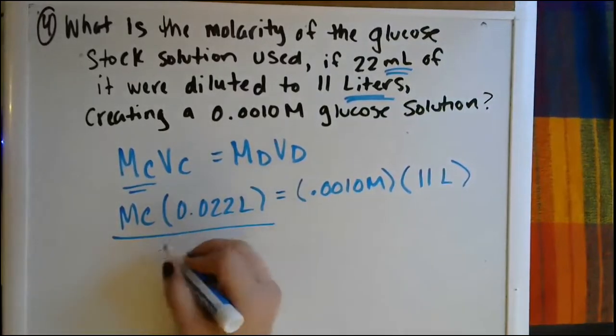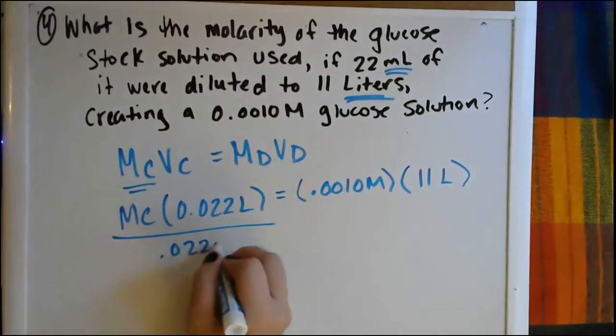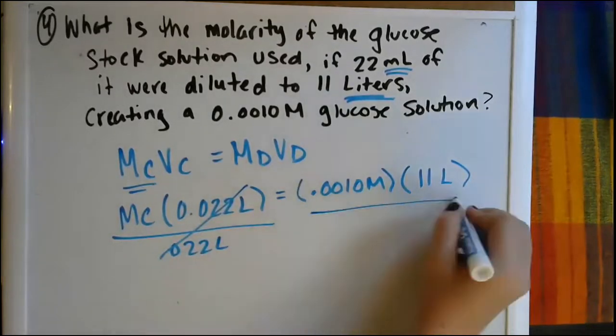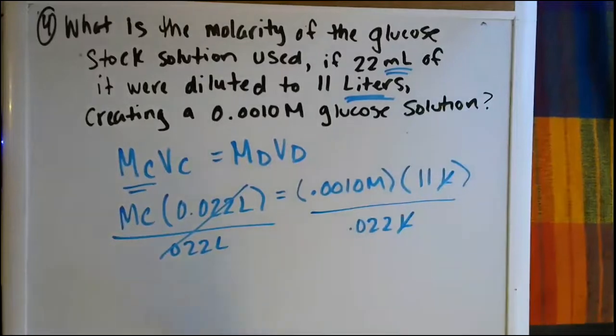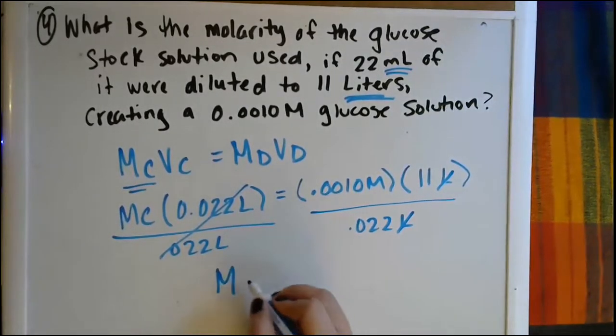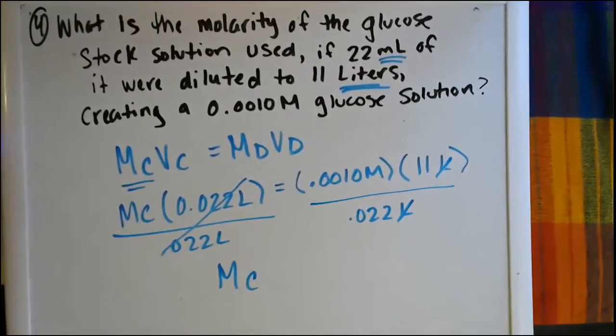Okay, now I'm going to solve. The concentrated solution that I started with is 0.0010 times 11 divided by 0.022.